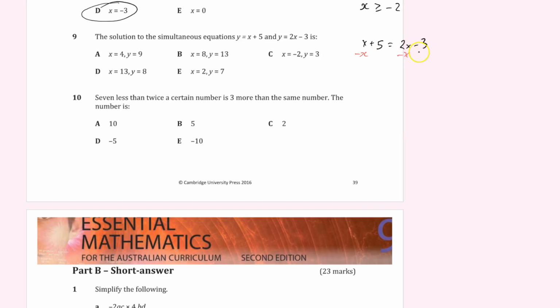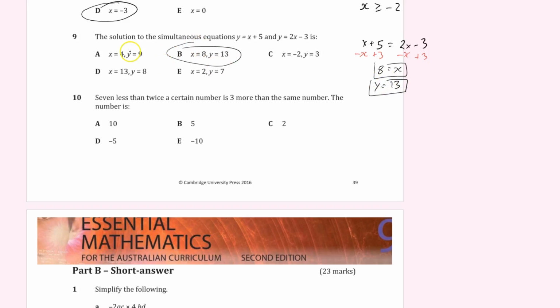And if I'm getting my x's on the right, I want to get rid of that -3, so I'm going to add 3 to each side. Now I have 8 equals x. Well, if x is equal to 8 and y is x plus 5, then y is equal to 8 plus 5, which is 13. And you can just find 8 and 13.